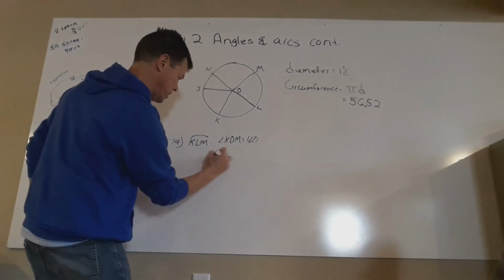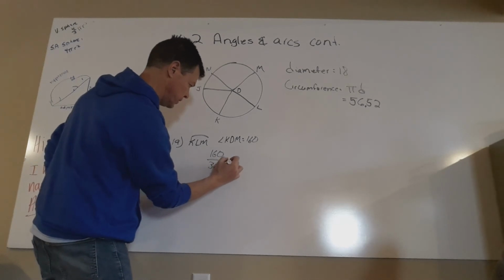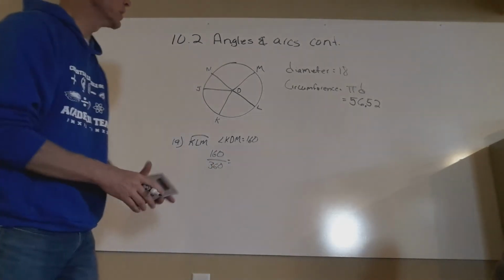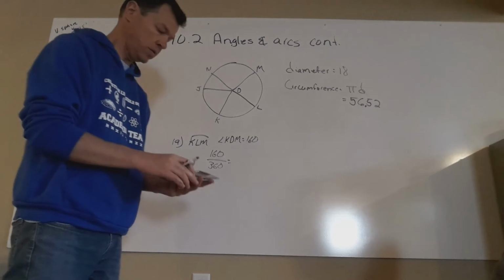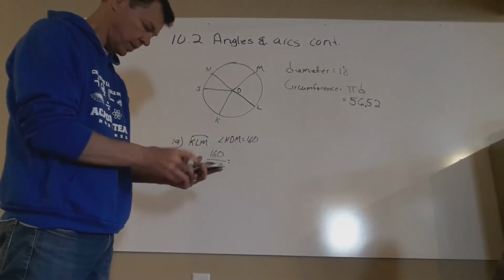So do the same thing. 160, that's a portion out of 360. 360 is all the way around. 360 is 56.52. So 160 divided by 360 in your calculator.